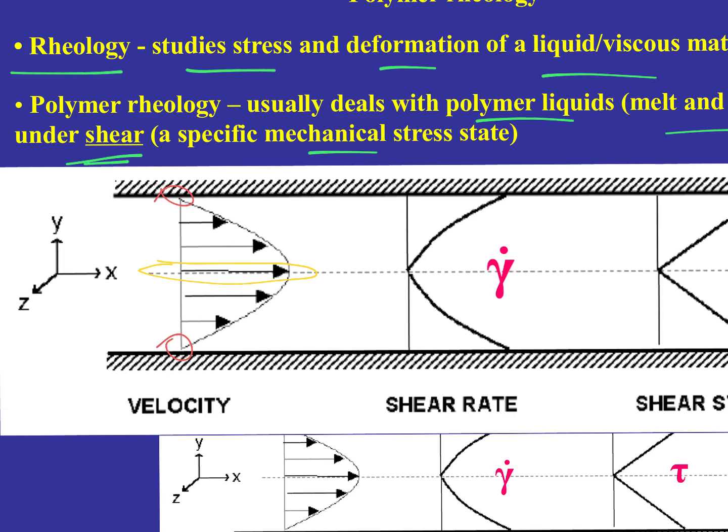In this very pure system that we're talking about here, those polymer chains that are on the wall are not going to move. And so what that means is there's a tremendous amount of shear between the center and the edges of these materials. And that's represented by these gradients in arrows. So we know the arrow is 0 here, it's slightly more than 0 and so forth, but in that transition from here to here to here to here all the way to the middle, there's shearing going on.